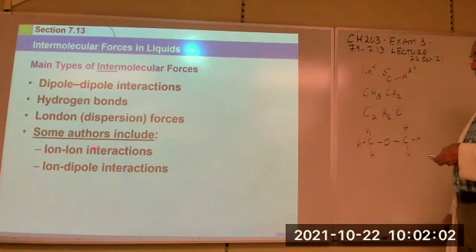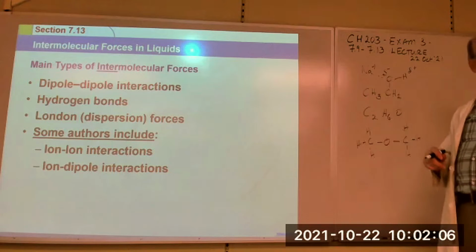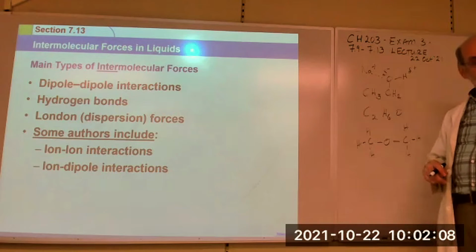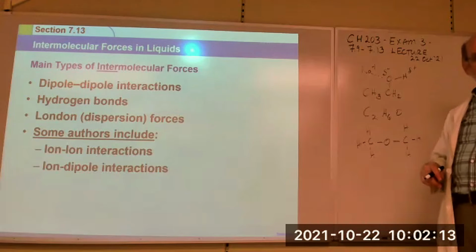And you can get ion-ion interactions. In solution, you've got water, say, and you've got sodium, and then you've got chloride ions. You can still get interactions between the sodium and the chloride ions.